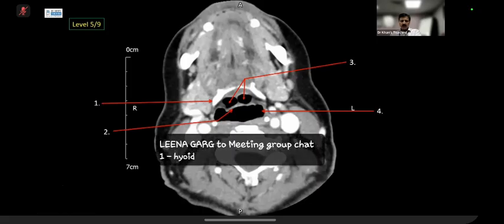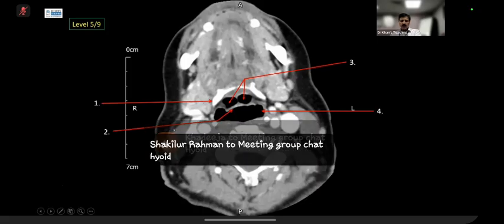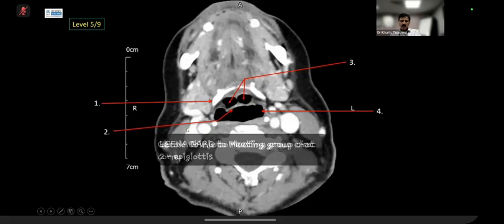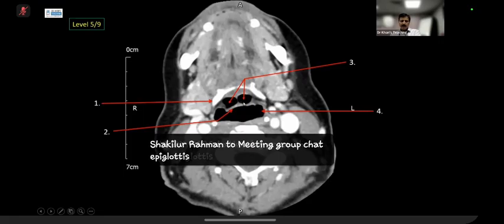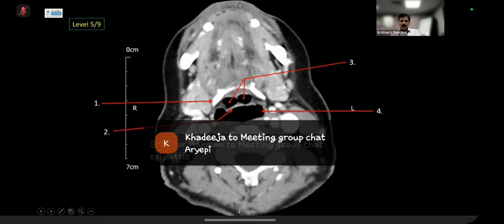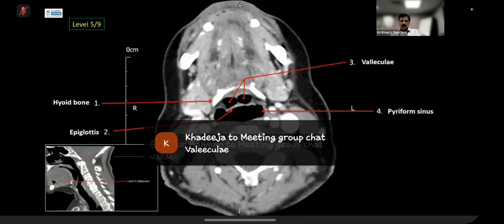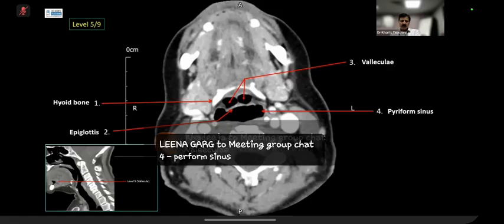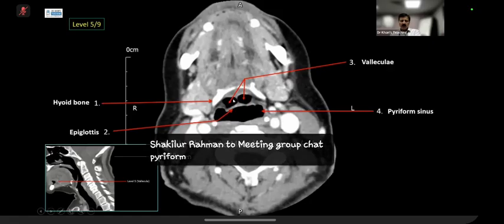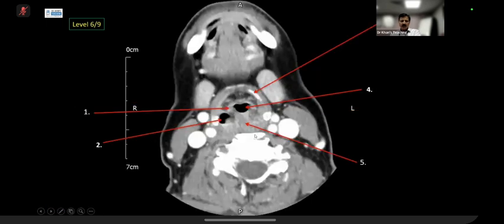Hyoid. And what are these? What is number 2? And number 3? And number 4? Yeah, correct answers: hyoid bone, epiglottis, valleculae, and just coming into view, the piriform sinus.